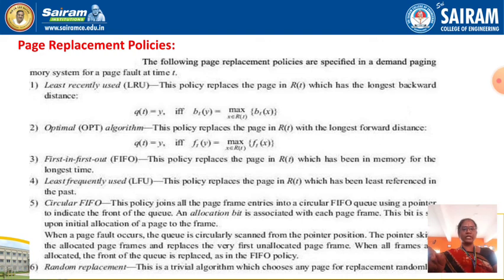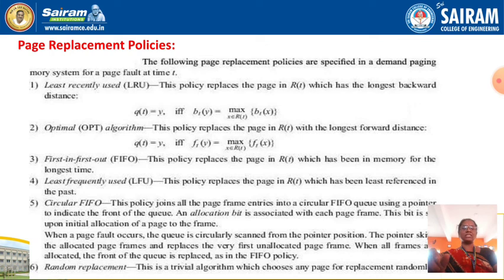Then the least frequently used algorithm, that is LFU. LFU means a page which is used very few times is replaced immediately. Then circular FIFO is another technique where the FIFO concept is applied in a circular manner, so it follows the circular FIFO algorithm for replacement of pages.